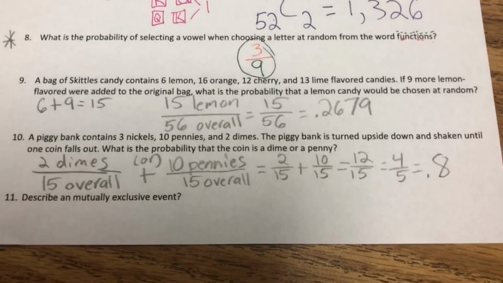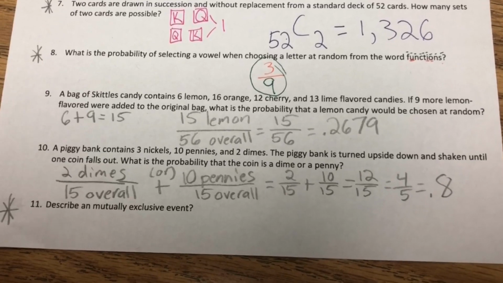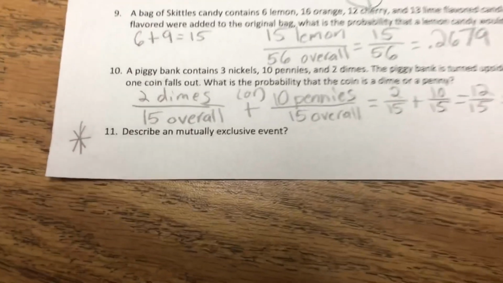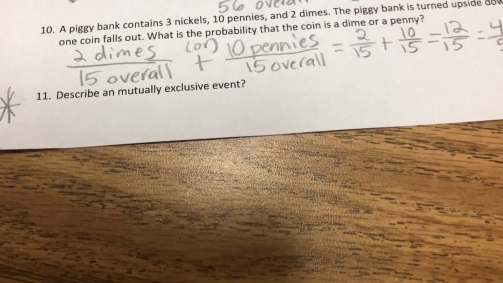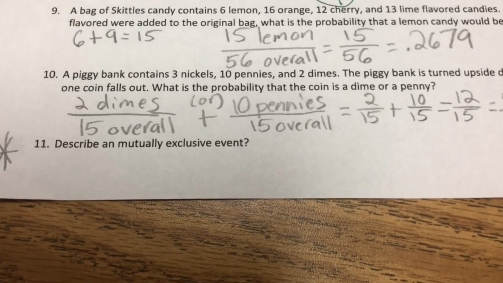Number 9 and number 10 are written out for you if you want to pause it and look at it. Number 11, I want to show you how to look at this and try to create your own event.